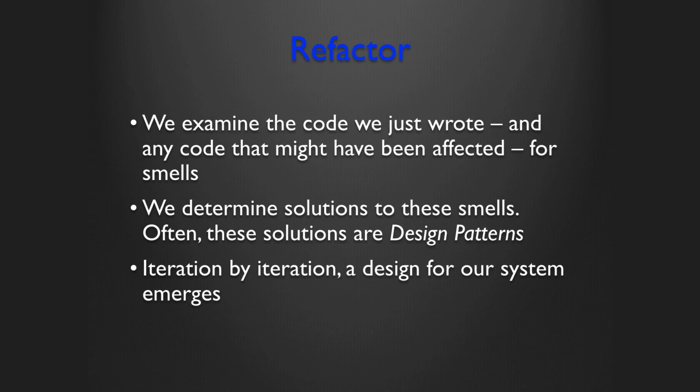And what we do is that we look at the code that we just wrote, and if we are talking about the latest phase of TDD, then any code that has been affected by that test that we made pass, and we look for code smells. And we determine solutions for these code smells, and these solutions are, in many cases, design patterns. We do that, and we then go back, and we write another test, and we make it pass, and then we look again, and maybe we have some duplication.